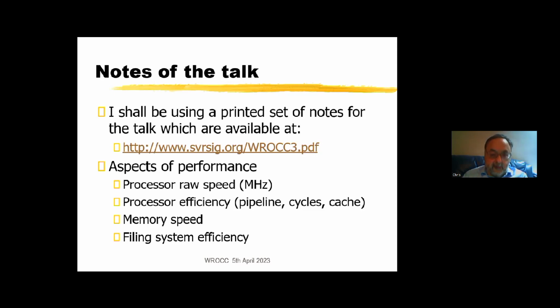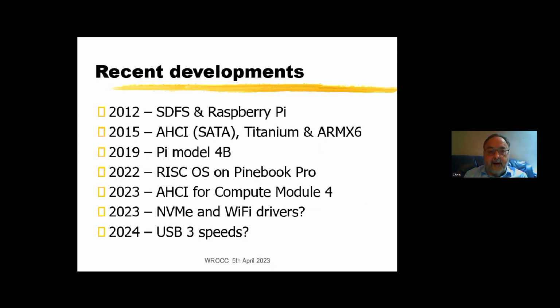So you're not always able to translate raw processor speed into genuine speed, because these other factors come into play. Memory speed does tend to be fairly straightforward: however the memory is clocked more quickly, you'll find it's accessed more quickly. And the other aspect is the filing system, how efficient it is, as well as how fast the raw storage is. So with those ideas, let's look at some recent developments.